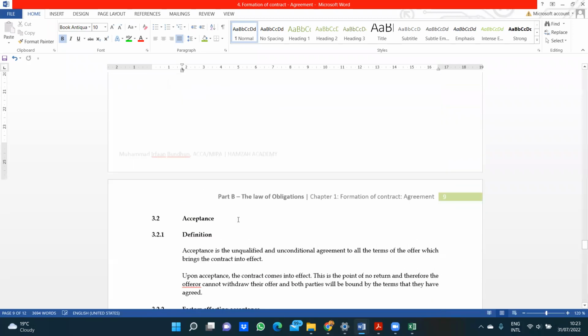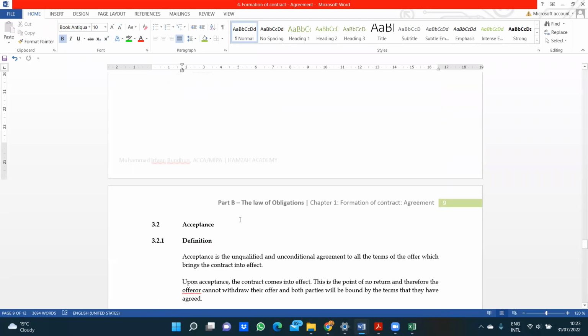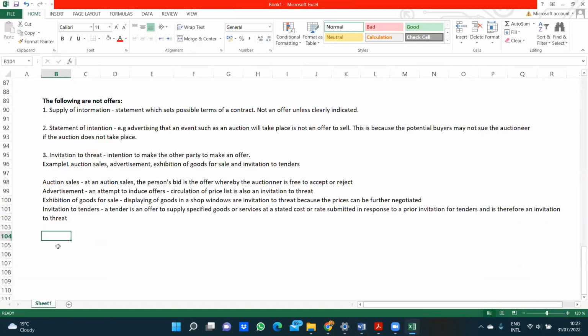So this is about termination of offer. Just to summarize, termination of offer. First of all, rejection, which is simply refusal of the offer. Secondly, counter offers.